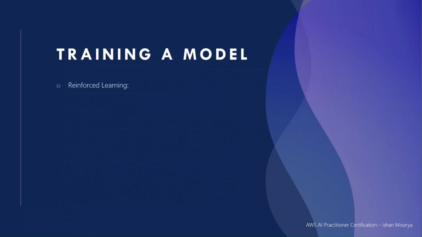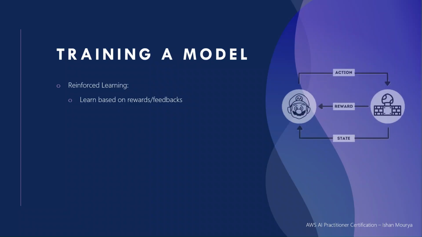Now the next type of training is reinforcement learning. Reinforcement learning is based on feedback and rewards. Here is your model, and in this case the model has to perform actions.